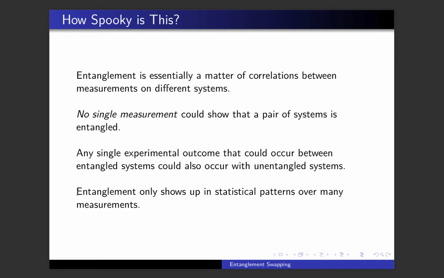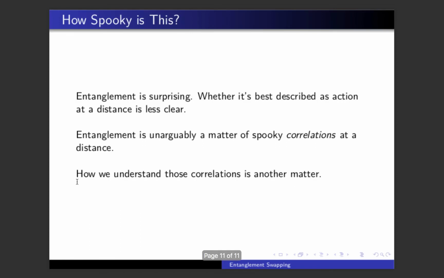Carol has no way of knowing whether Alice has actually run through the teleportation protocol or whether she's making it up. Nothing that Carol can do by way of observing her own particle will tell her the answer to that. Otherwise, we'd have signaling. And it's a deep and fundamental fact about quantum mechanics that if quantum mechanics is right, you can't use measurements on entangled systems as a way of signaling.